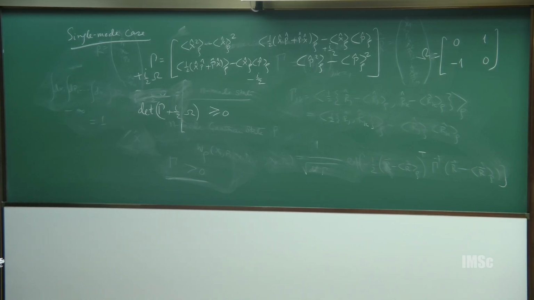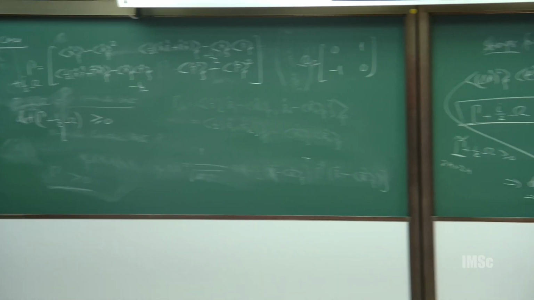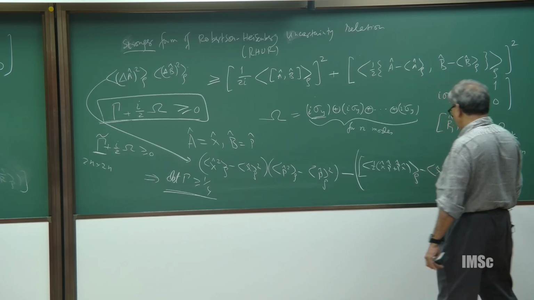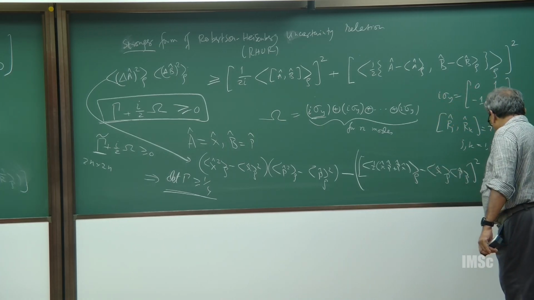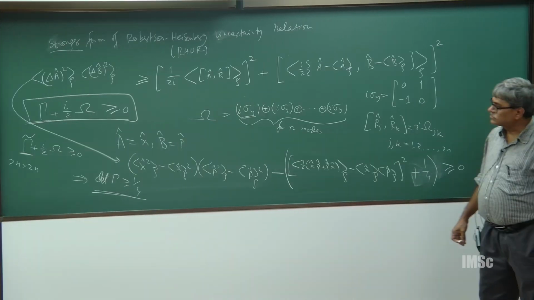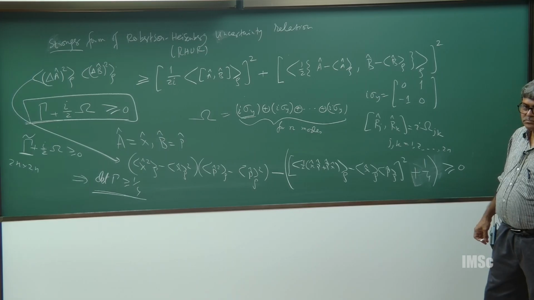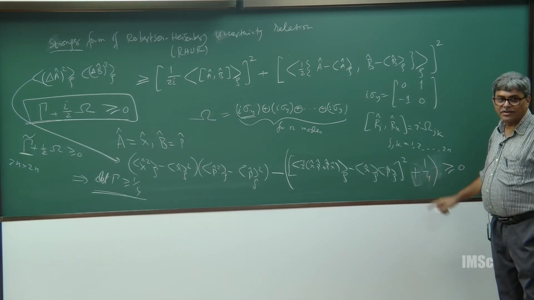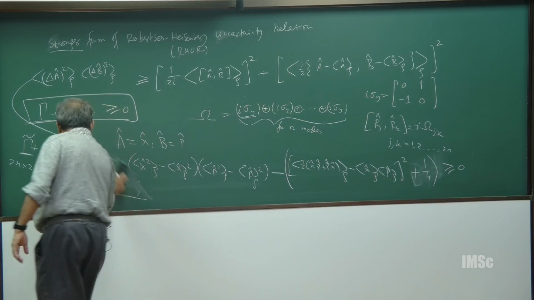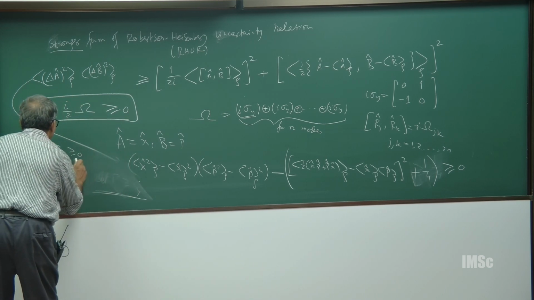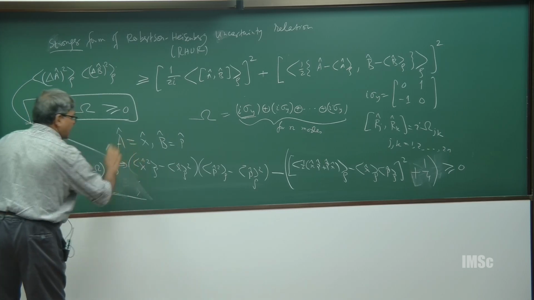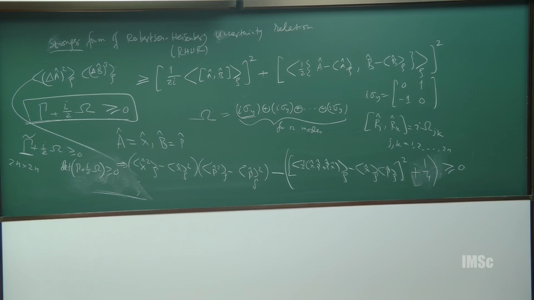Here it will be plus 1 by 4, sorry, plus iota by 2 and minus iota by 2, but overall there is a minus sign in the determinant. Yes, that is the determinant. So, this tells you that the determinant of gamma plus iota by 2 omega greater than or equal to 0 means this.